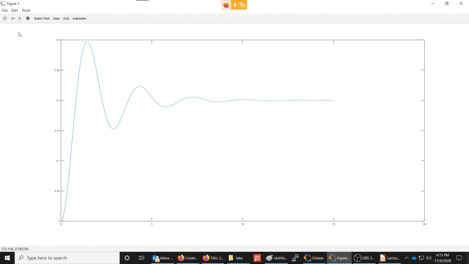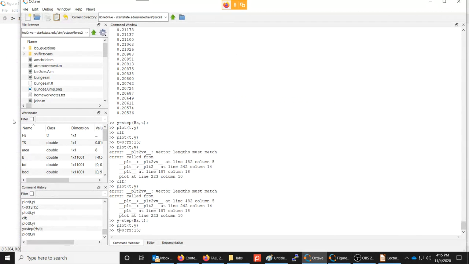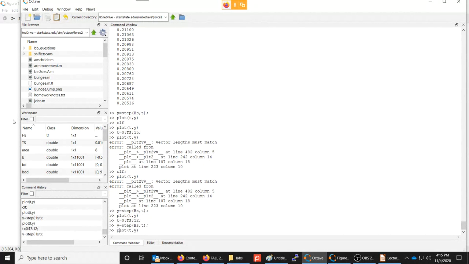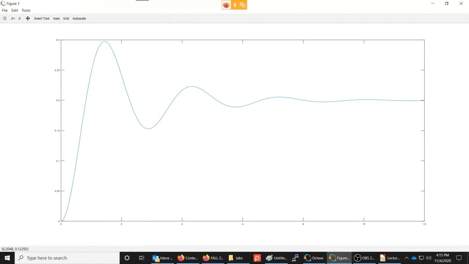I probably should have run it for about 12 seconds. So I'll try it one more time here. I'm going to run t to 12 and recreate my y and then plot it again. All right, so there is a nice step response to a second order system. And the system is 1 divided by s squared plus 1s plus 5, which is a transfer function.